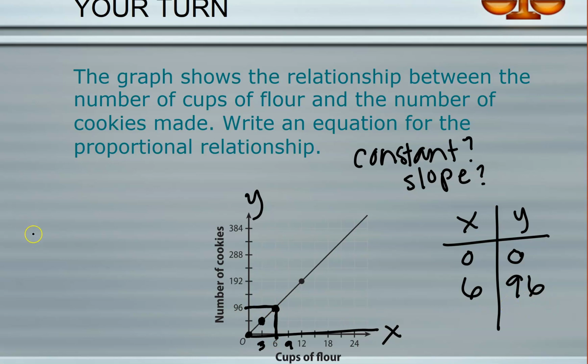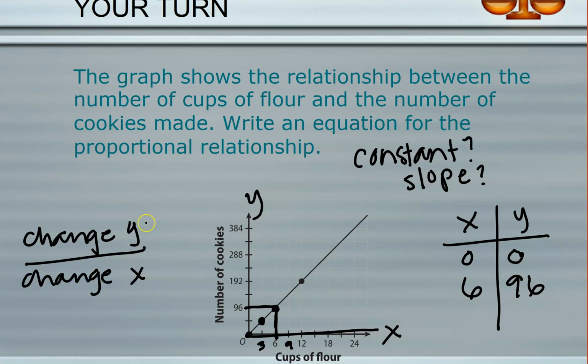And then we're going to figure out how much did my y change and how much did my x change. And we are going to divide y divided by x. So the change in y divided by the change in x. So how much did my y change? Well, it went up 96. And how much did my x change?